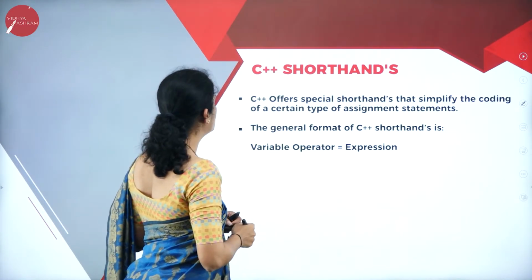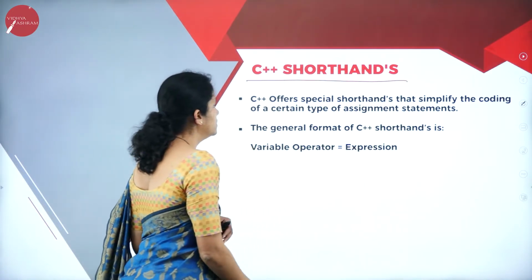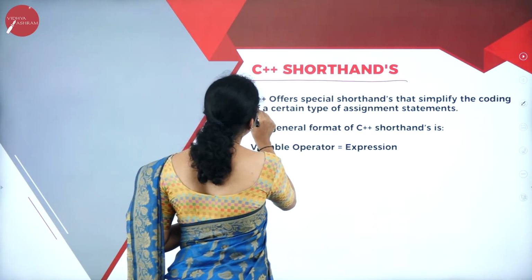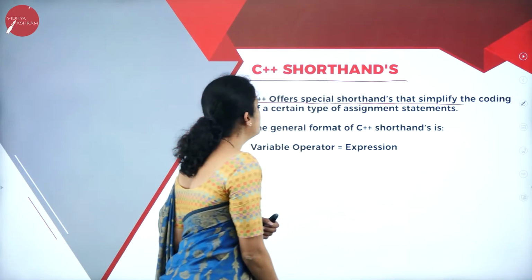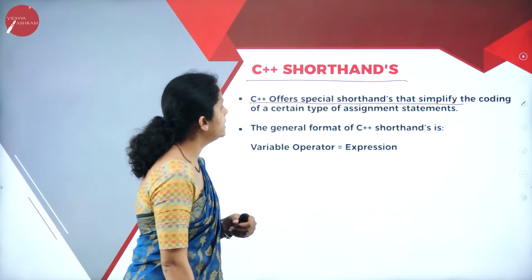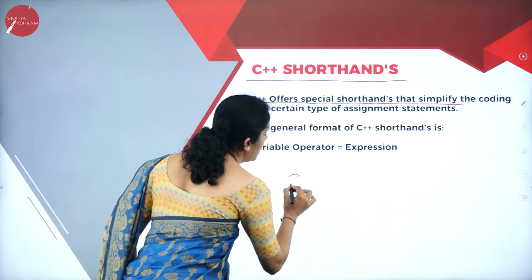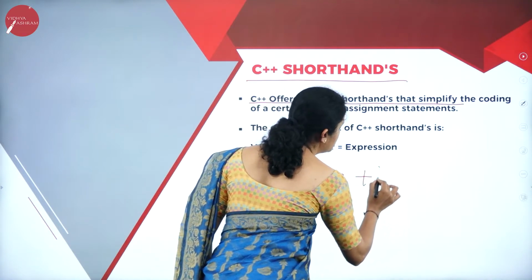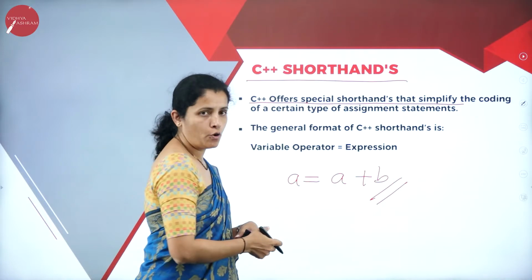Moving further, I'm going to have shorthand operators. So what are shorthand operators? Here C++ offers special shorthand operators to simplify the code of certain types of assignment. Consider the example here. I'm going to have A equal to A plus B. This is the example for the addition operation.